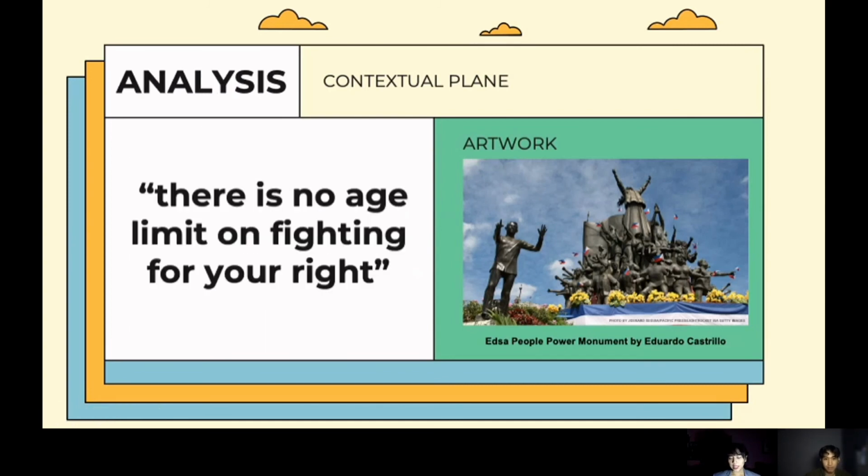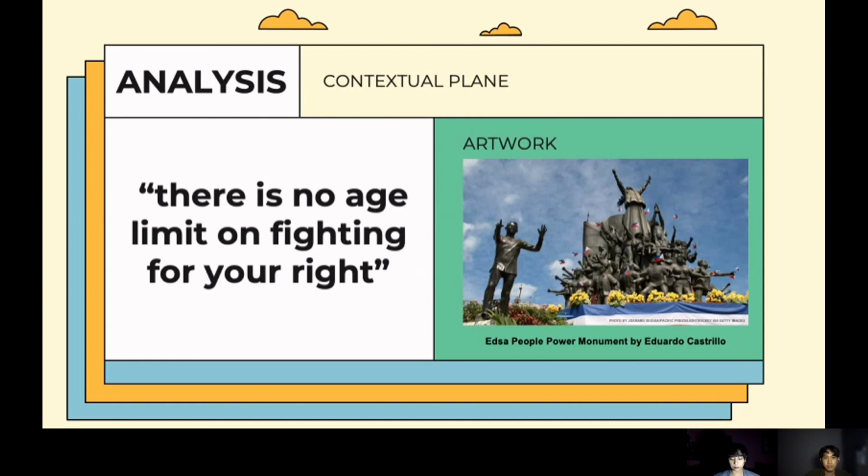There is no age limit on fighting for your rights. The purpose of this monument is to show what power could bring when there is unity. It shows that there is still a glimmer of hope amidst the darkness, as long as we unite together and break the barriers that hinder us from our freedom.